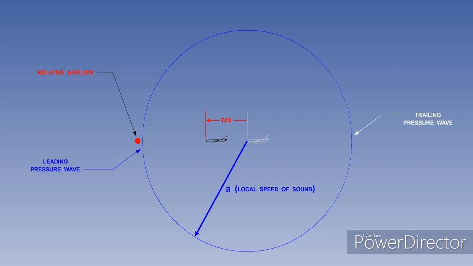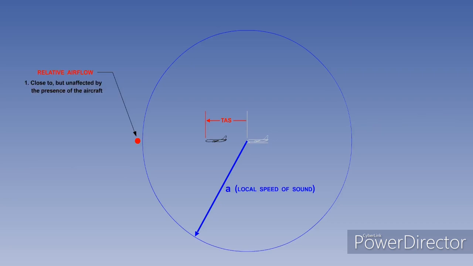To understand the relationship between the local speed of sound and the aircraft true airspeed, we need to remind ourselves of a fixed reference point, the relative airflow. True airspeed is the speed of the aircraft through the air. But which air? The air just in front of the leading pressure wave. The trailing pressure wave is included for reference purposes only.